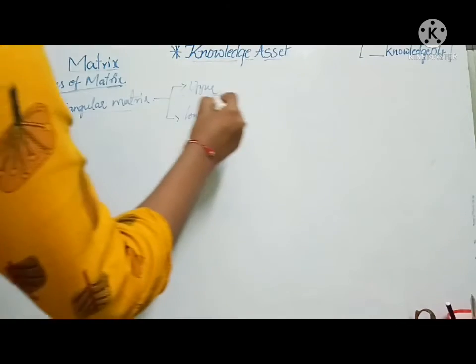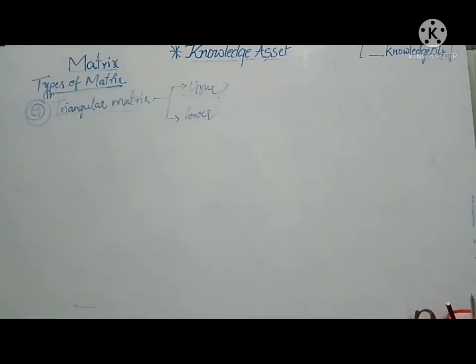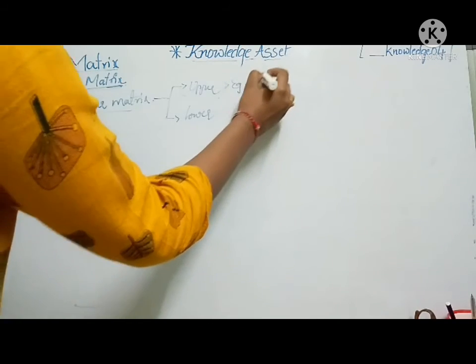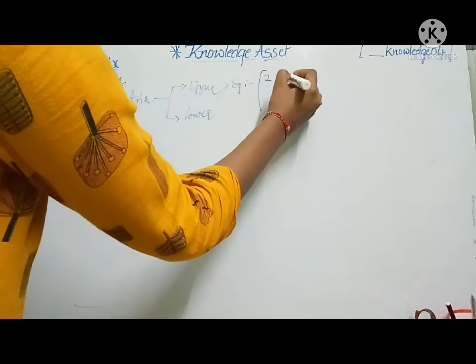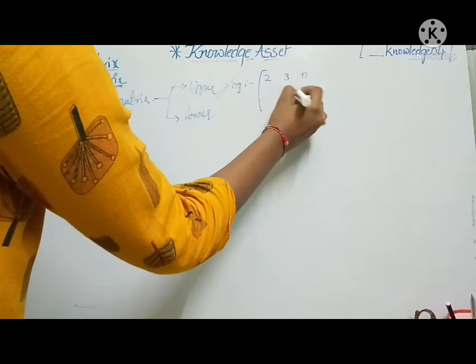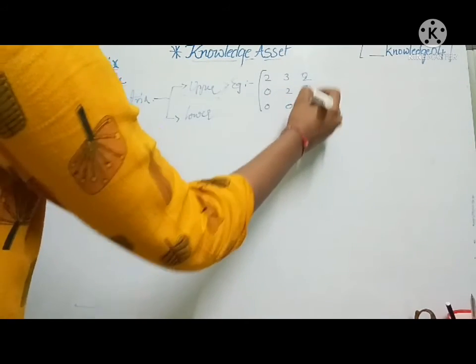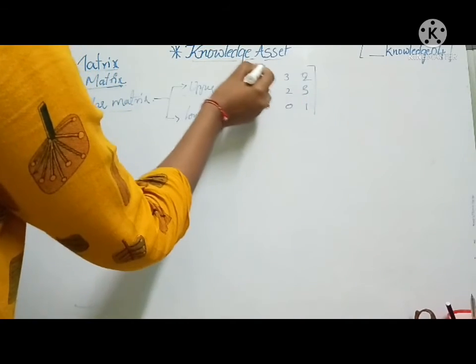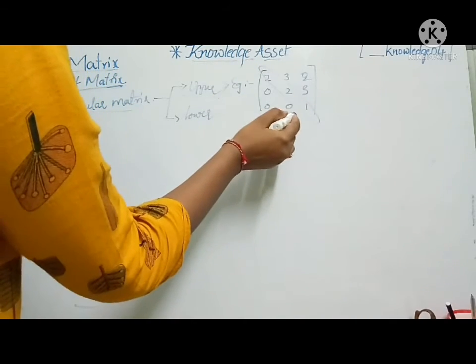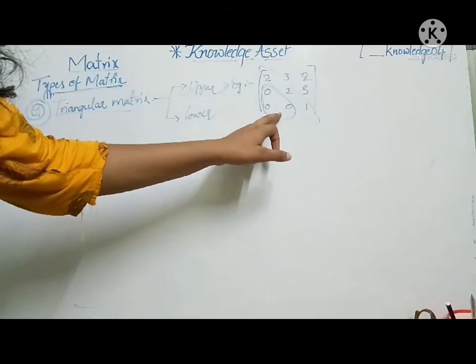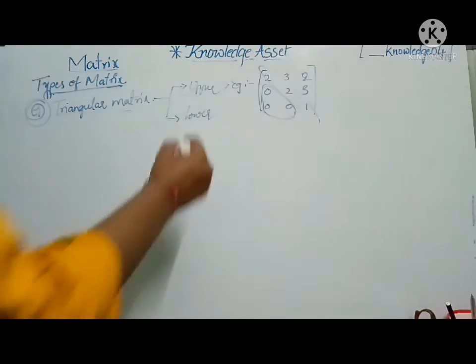An upper triangular matrix is one where all the elements below the principal diagonal are 0. Okay, this is the principal diagonal, and where the elements below this principal diagonal must be 0, then it is said to be an upper triangular matrix.